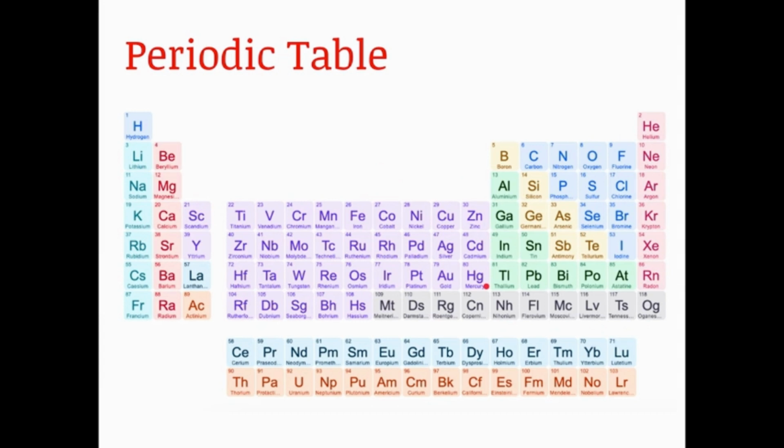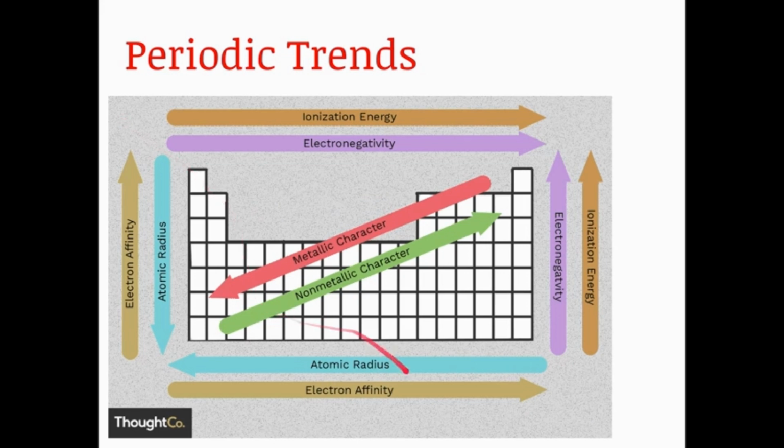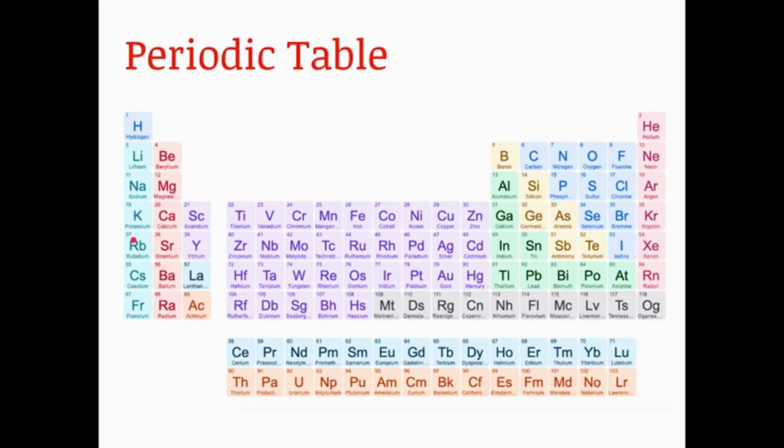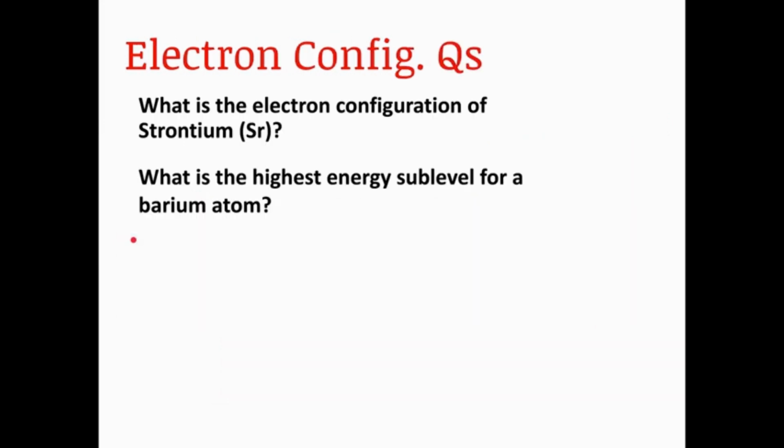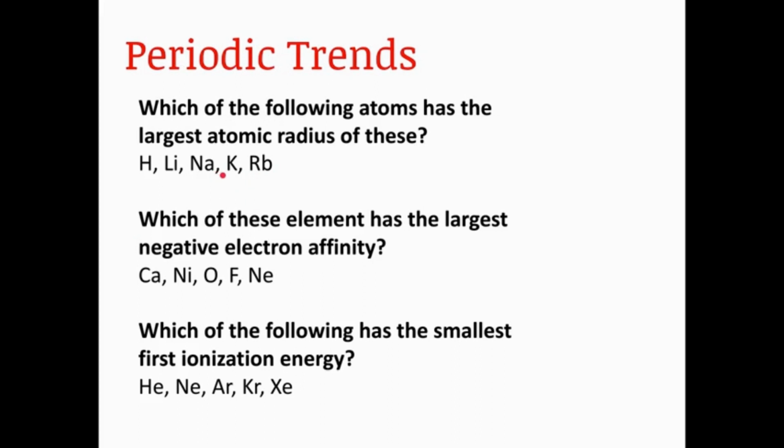So that doesn't help us. However, atomic radius also increases while going down, so out of these 5 elements, rubidium, since rubidium is the most down out of those 5, will have the highest atomic radius, or the largest atomic radius.